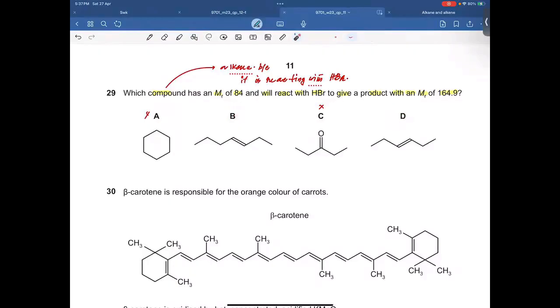So the MR of the compound is 84. Let me get the MR of this compound. 1, 2, 3, 4, 5, 6, 7 carbon. I repeat, 1, 2, 3, 4, 5, 6, 7 carbon.